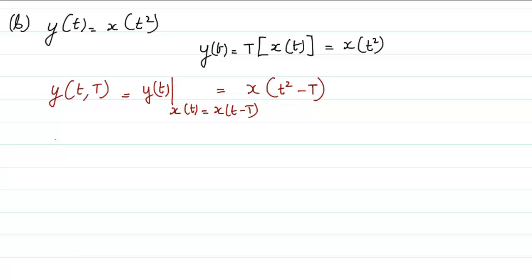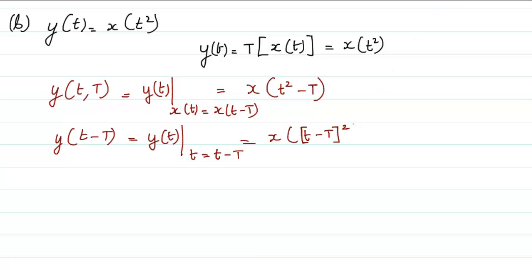Whereas y of t minus capital T is when you take the output, and in the output you substitute t equal to t minus capital T. So the output is x of (t minus T) the whole squared, which again you can see is not the same as the previous case.